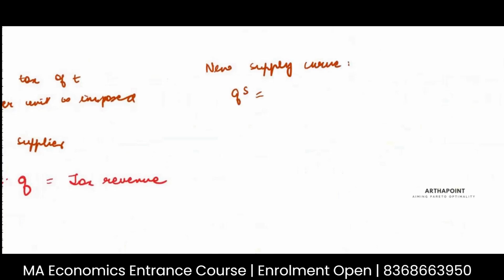Initially, my supply curve was 4P. Now, for each unit, the price received by the supplier will be P minus T. Because whatever price he receives from the consumer, he pays a tax of T to the government, and the net price he receives is P minus T.